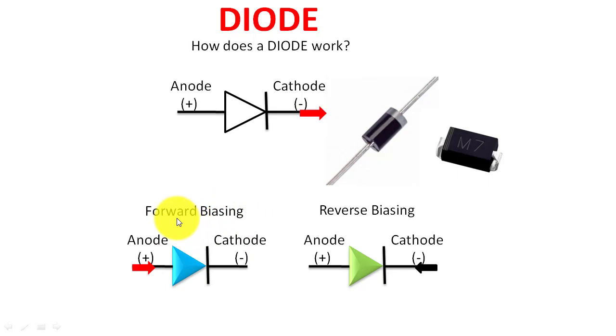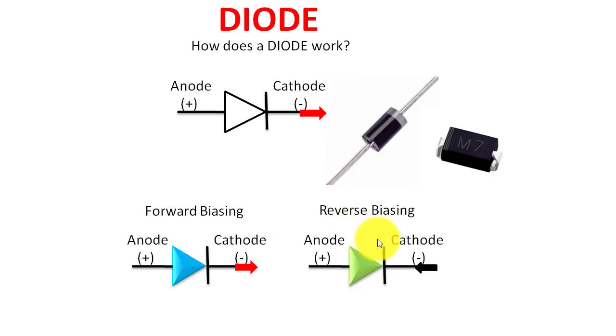This is forward biasing. I discussed before that in forward biasing the positive voltage passes from anode to cathode. This is called forward biasing.